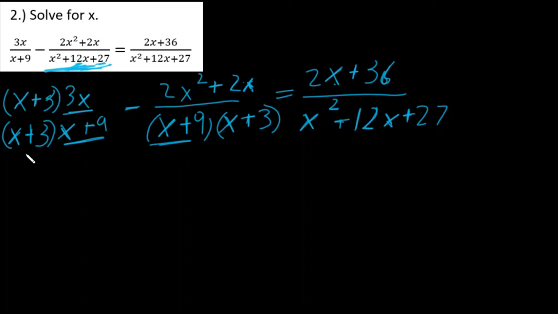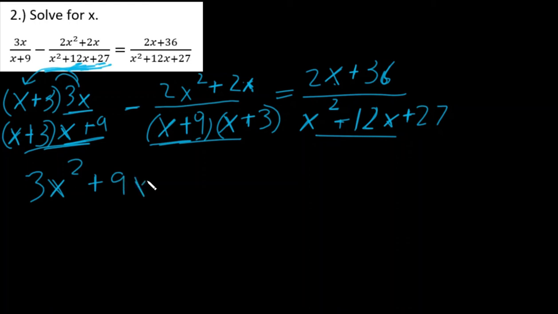Now notice at this point these denominators are all equivalent in value, so we can essentially ignore them moving forward. So we have 3x times x, which will of course give us 3x squared. Remember, x times x will give you x squared, plus here we have 3x times 3, which will be 9x.